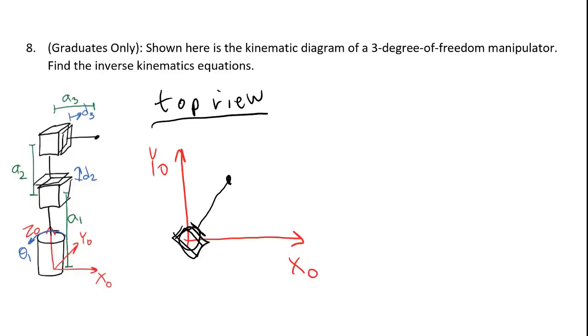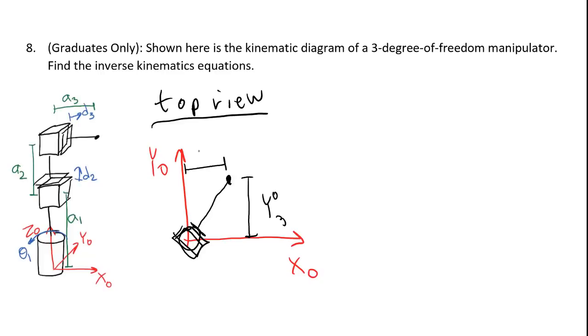Now, what I want to label here is all of the joint variables that I can see, the position of the end effector in the 0 frame, and any link lengths. So here we have the y position of the end effector in the base frame. The end effector frame in this case is going to end up being 3, so I'm going to call this y03.